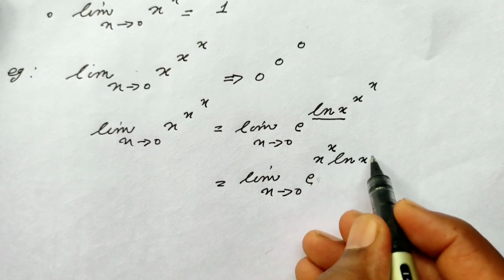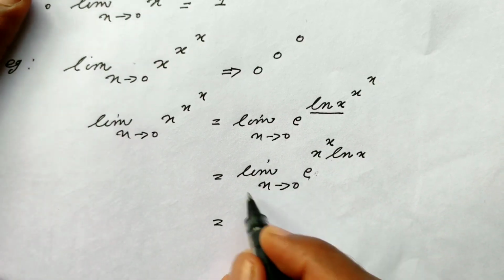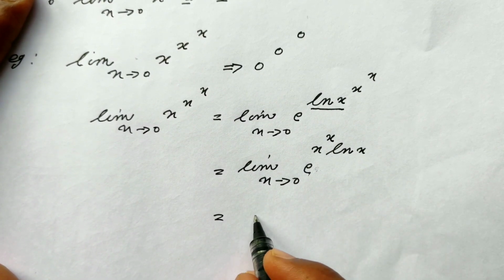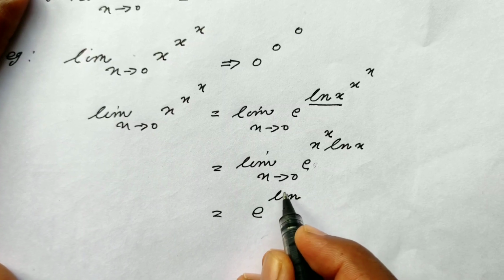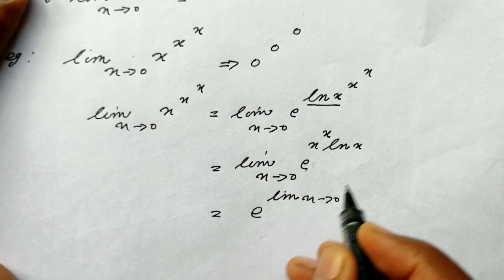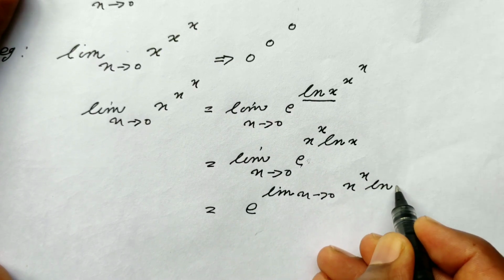Here the variable x is in the power, so I am taking this limit to the variables, therefore it can be written as limit x tends to 0 x raised to x into ln x.